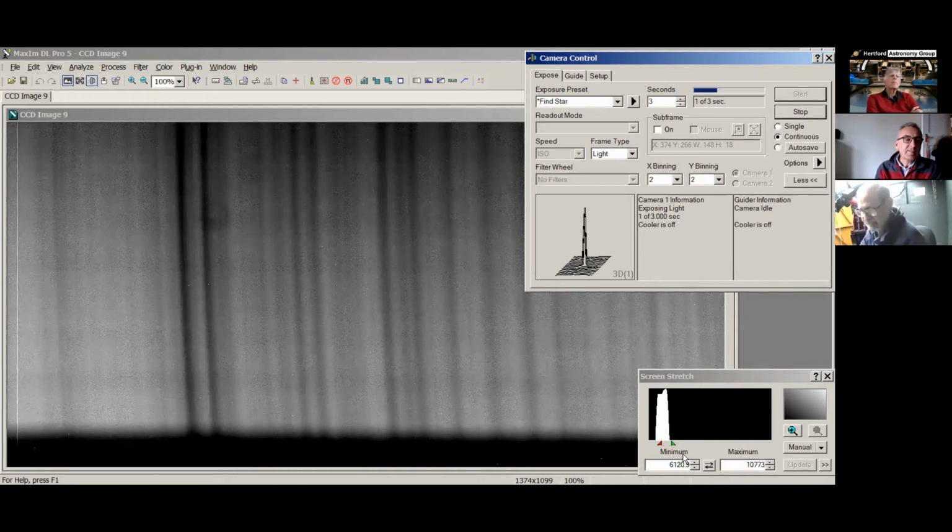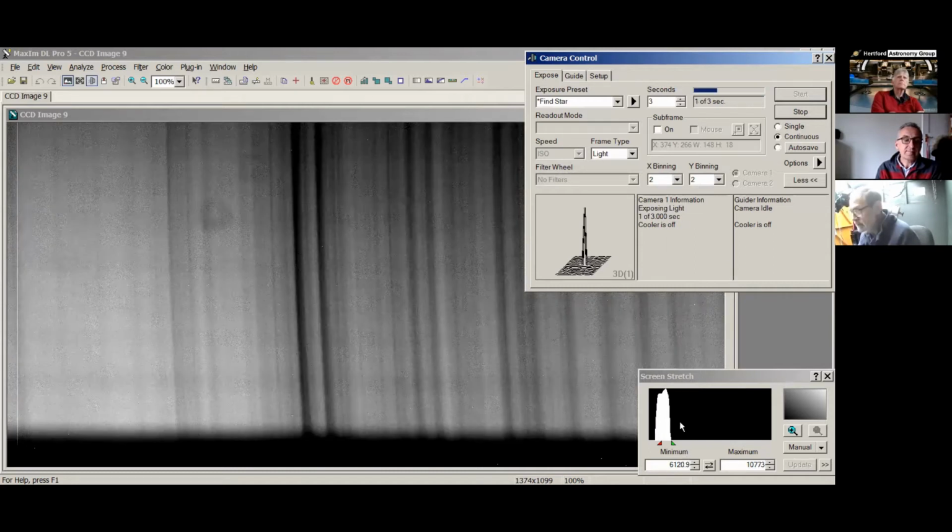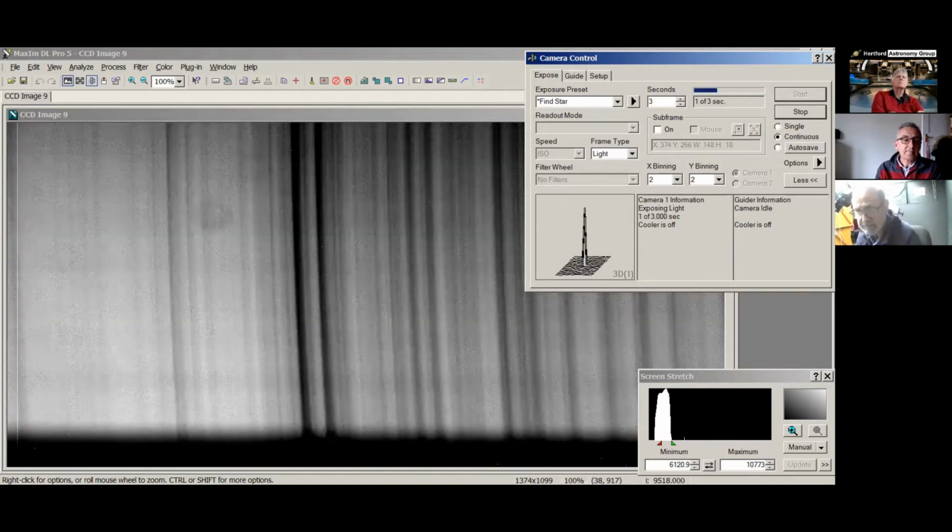Here we are, the sodium doublet. That's it, it's looking good. Just get that more centralized.